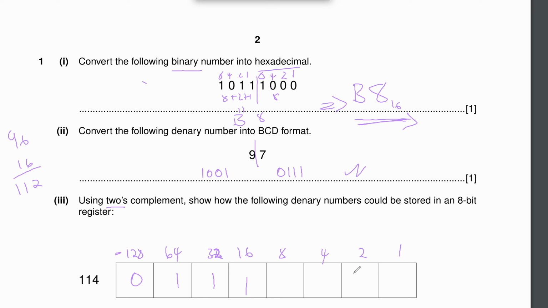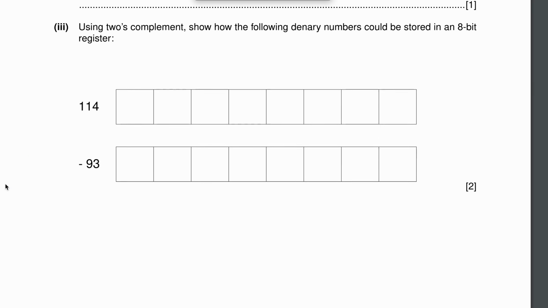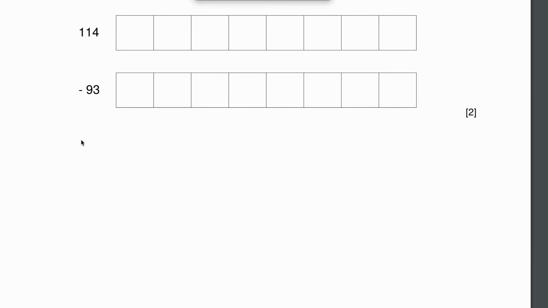I'm now left with 2, so I need a 2 here to get to 114. So all the others become zeros. That's pretty much what I have to do here to get the value of 148.